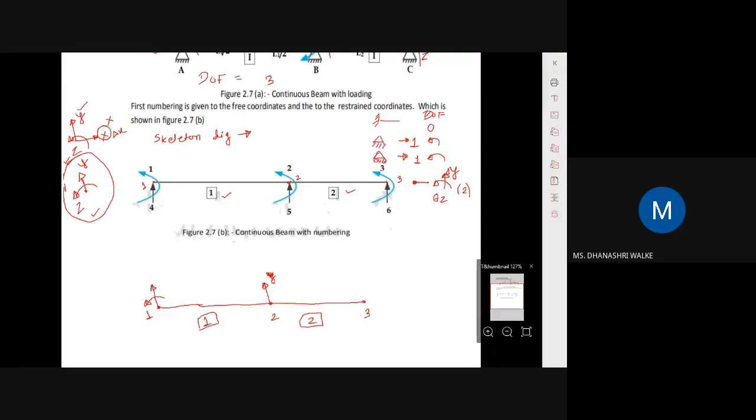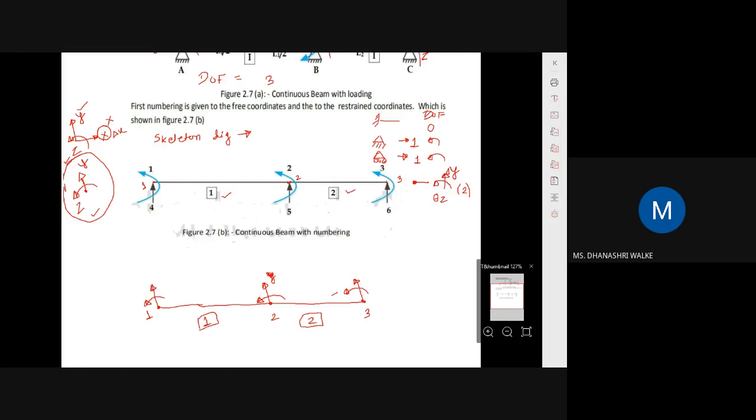Okay, and rotation, and here also vertical axis y and z. Okay, now you have to assign a coding in y and z direction. Okay, so first we are assigning a freedom code where displacement is possible.